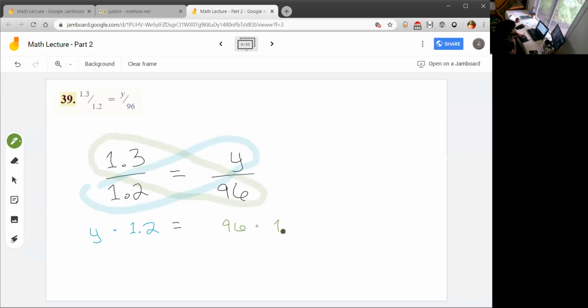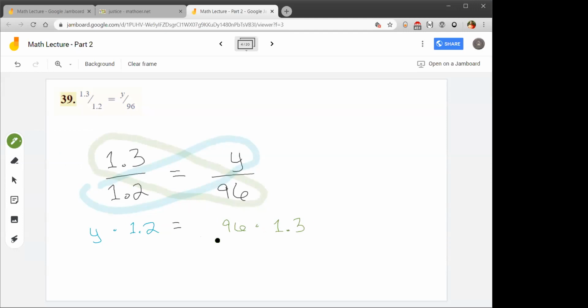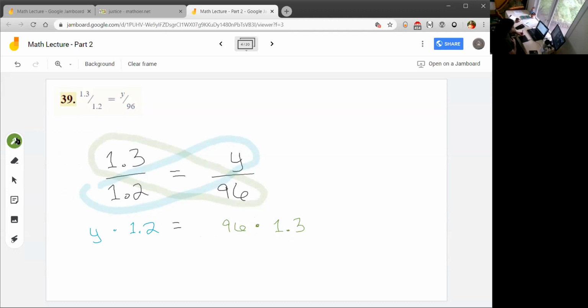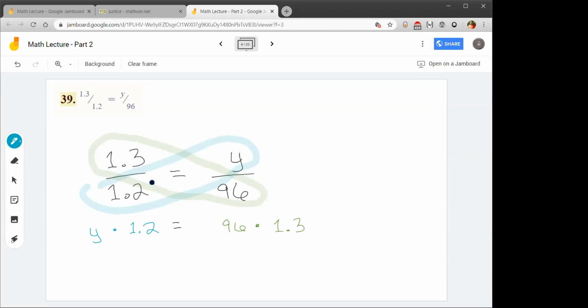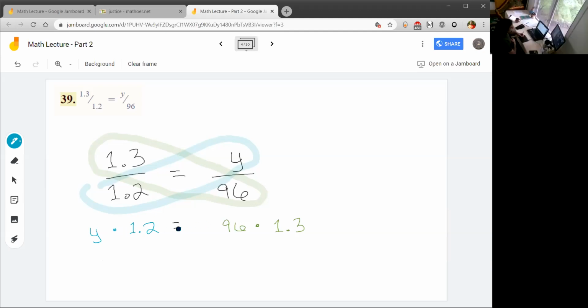By the way, does it matter what order I put these things? Not in multiplication. No, it's always going to be multiplying, and it never matters for multiplying. Also, does it matter if I put the blue on the left or the right? No. Two things are equal. It doesn't matter which one I write on the left or the right.